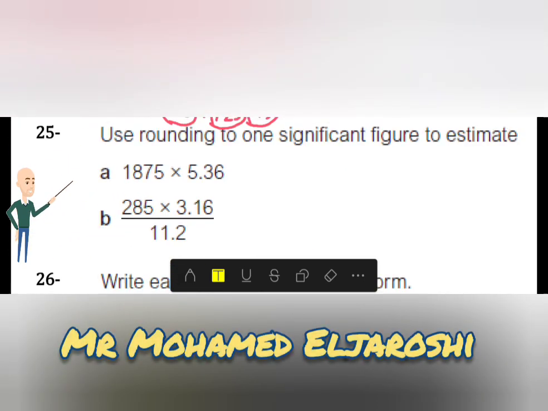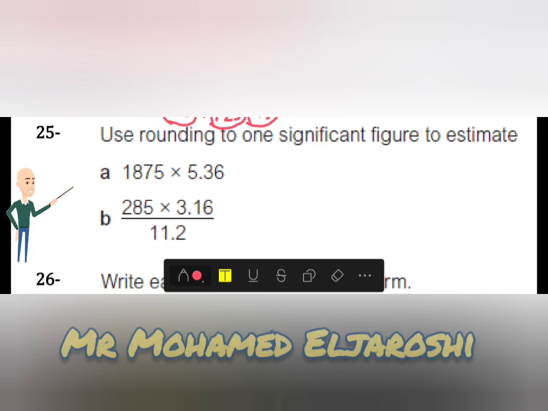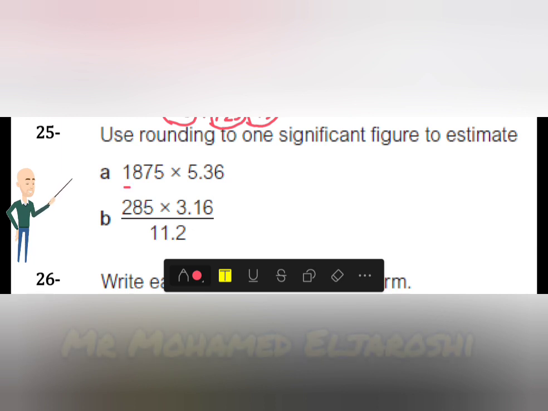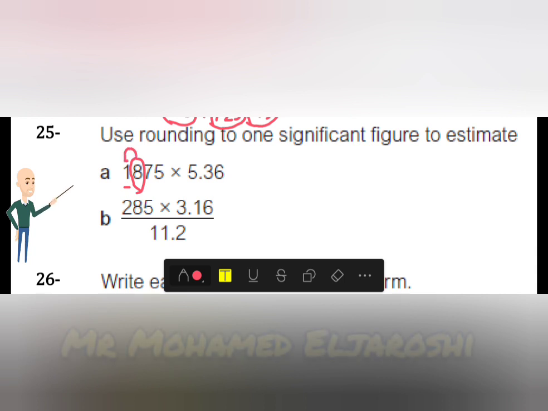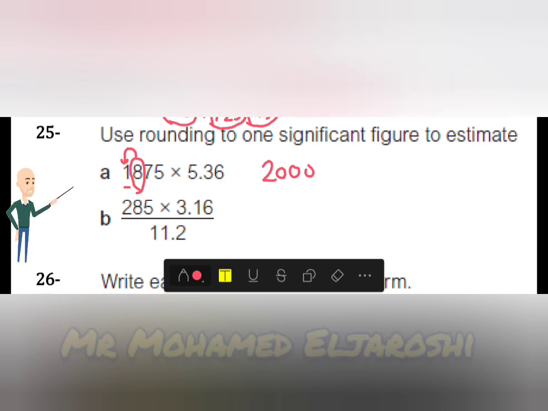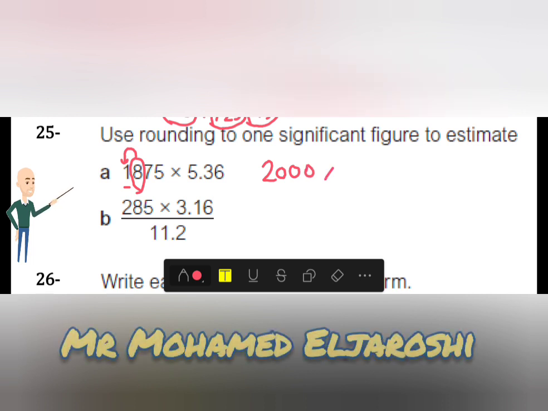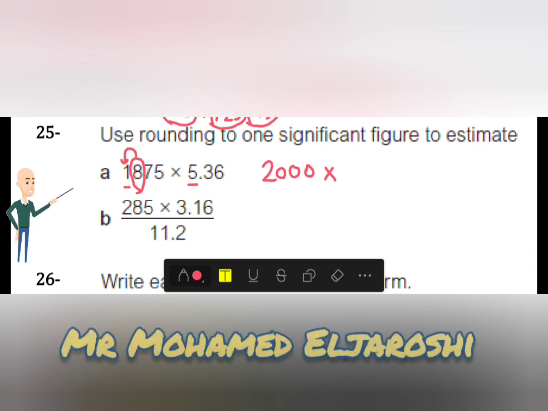So we have 1,875. When you round this to one significant figure, it's going to be what? Very good. This is the first significant figure. This is the number. It's bigger than 5, so we're going to add 1 here. So it's going to be 2,000. Very good. And then multiplied by the first significant figure is 5, and the next one is 3.